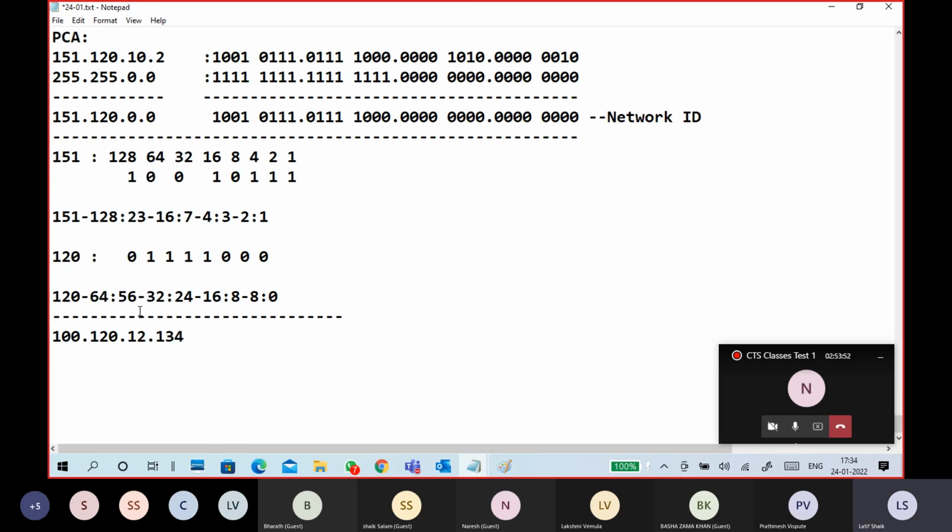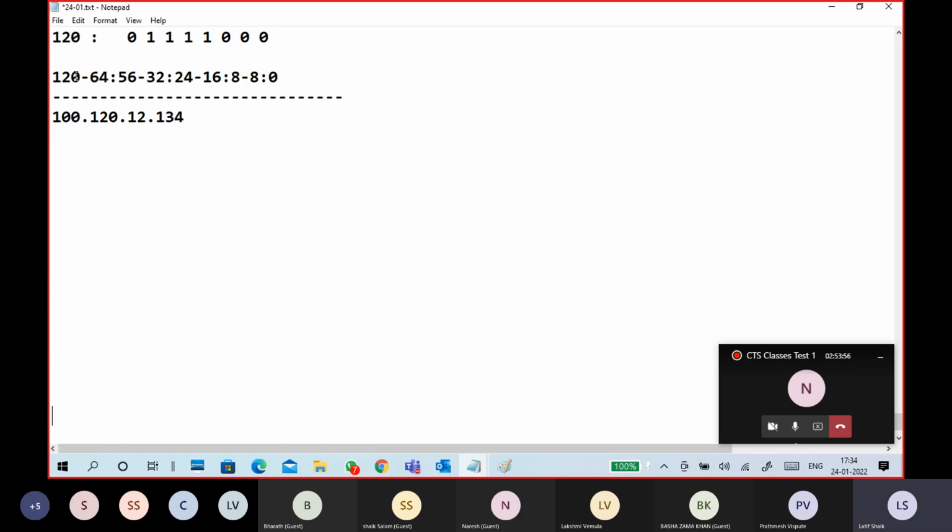Now calculate the network ID. Only the network ID I'm asking. Tell me the subnet mask for this IP address. Anyone? 255.0.0.0. That's it, right? Not much is there.